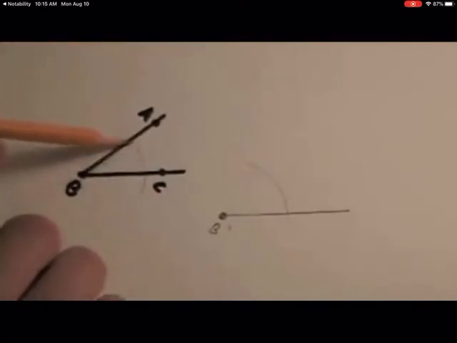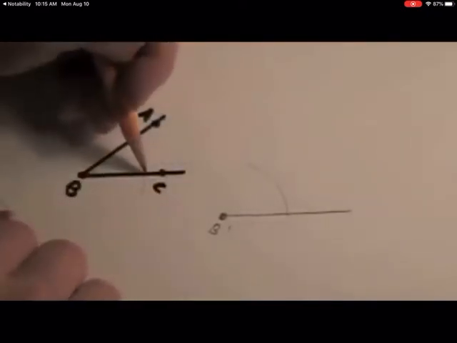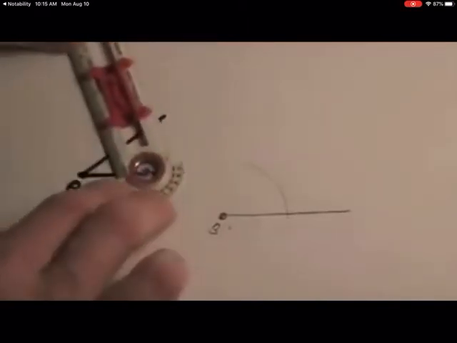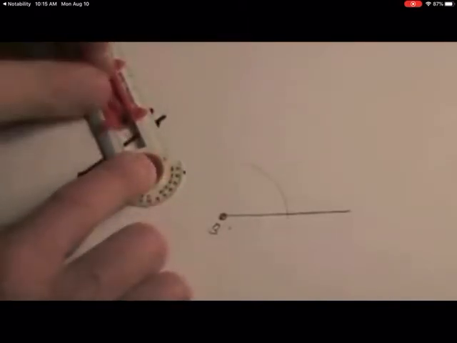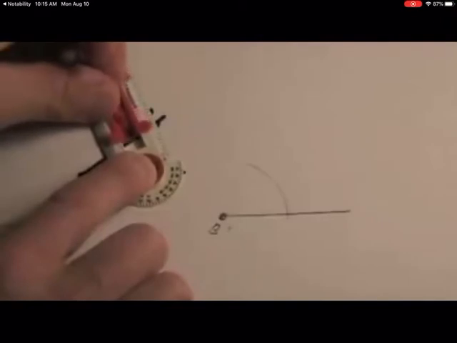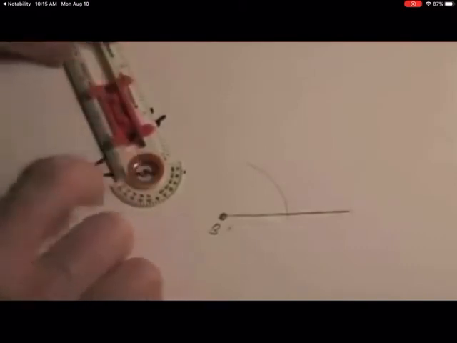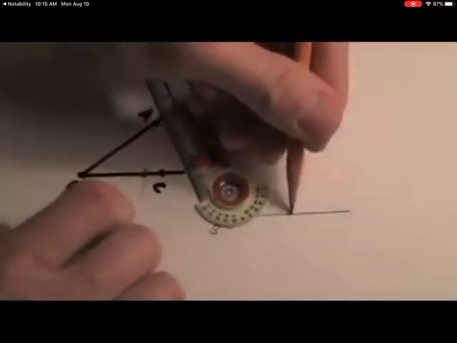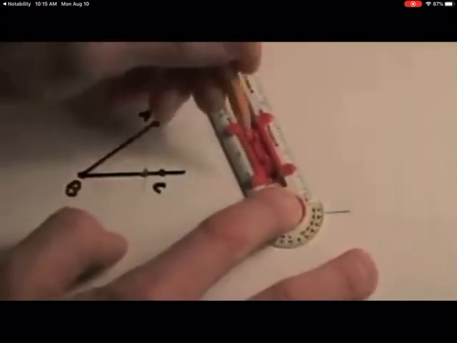Now I need to measure this distance here from this side of the angle to this side of the angle where that arc is. So I'm going to put my compass on this new intersection point right here and move my slider until I see this intersection point in that little slider opening. Once I've got that pretty well lined up, I'm going to move my compass over onto this intersection point here and make an arc.